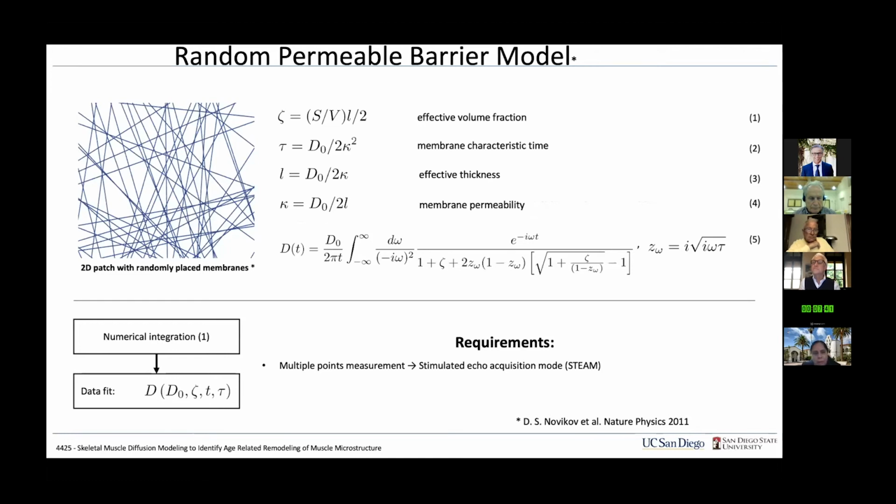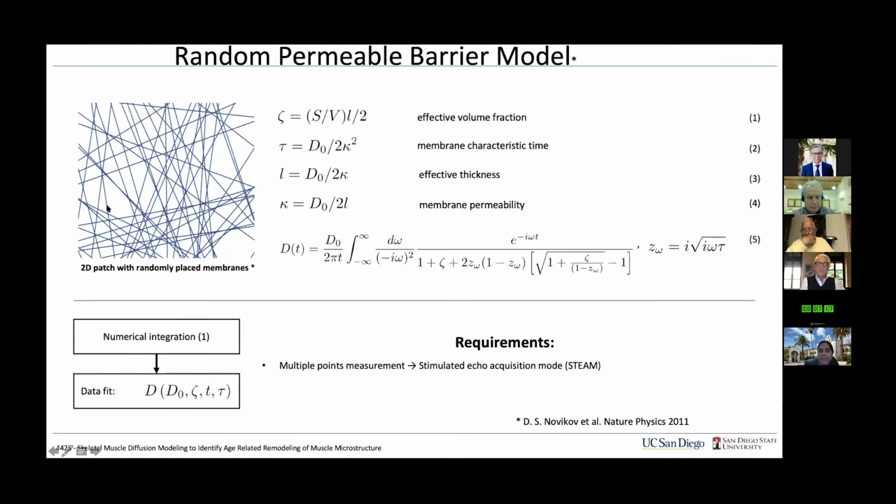The second model is easier, and basically, as you can see, the model was randomly placed membranes. So it's like if you take a cross section of a muscle tissue in biopsy, you just see some variations in the fibers, fiber diameters, and that was how it was modeled.